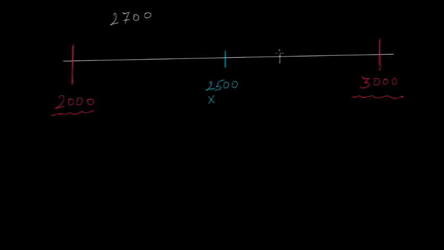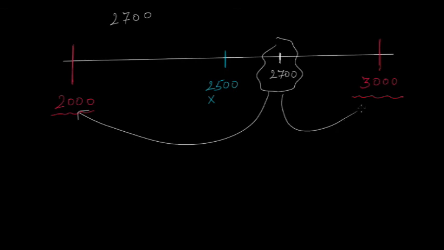Now you tell me, is 2700 closer to 2000 or closer to 3000? Of course you would say that the nearest multiple of 1000 to 2700 is 3000. Therefore, if you round off the number 2700, you will get 3000.